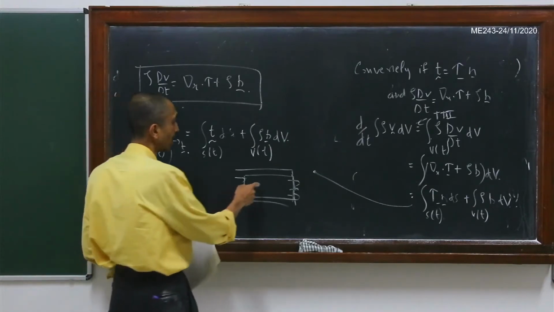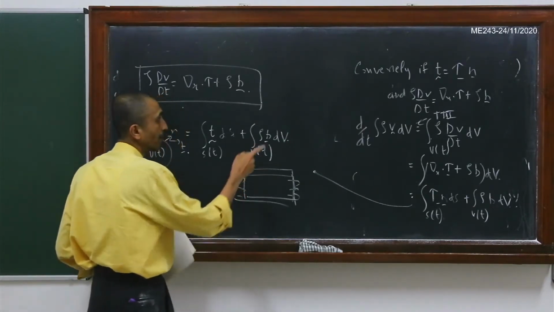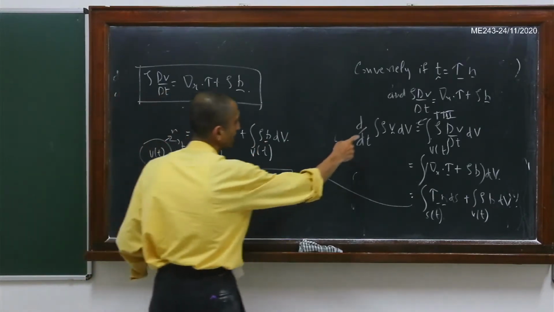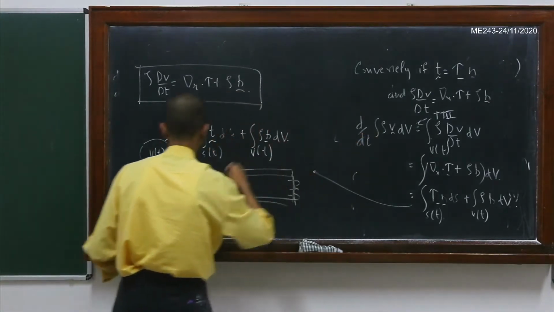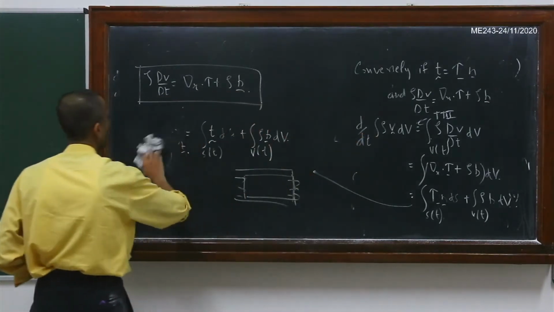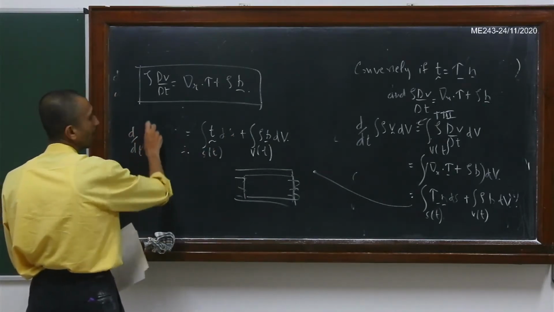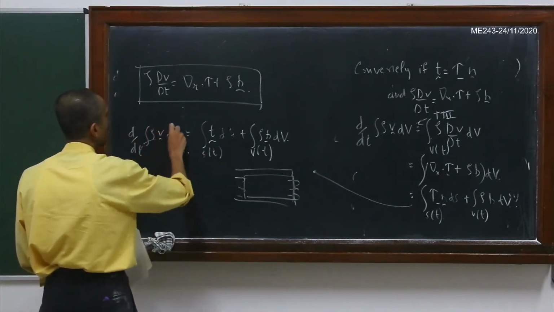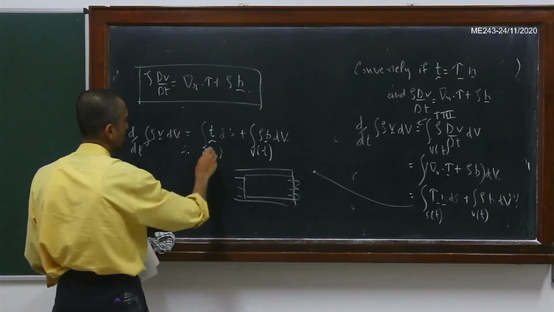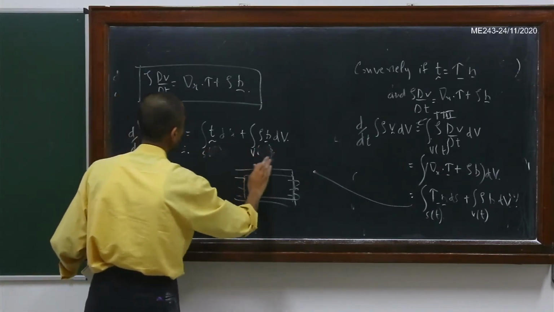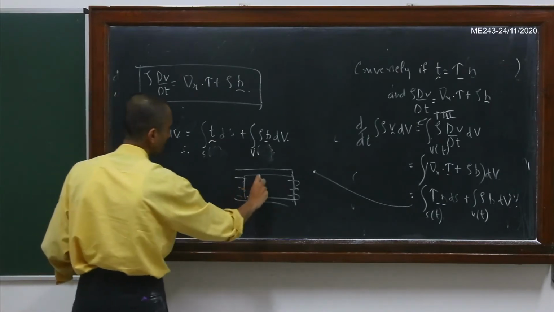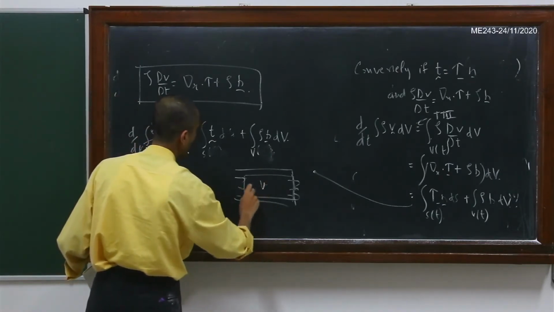Then you cannot now write, for example, this particular statement here, that d by dt of the integral of rho v times dv is equal to this. Suppose this s and this v is now this control volume and this surface.